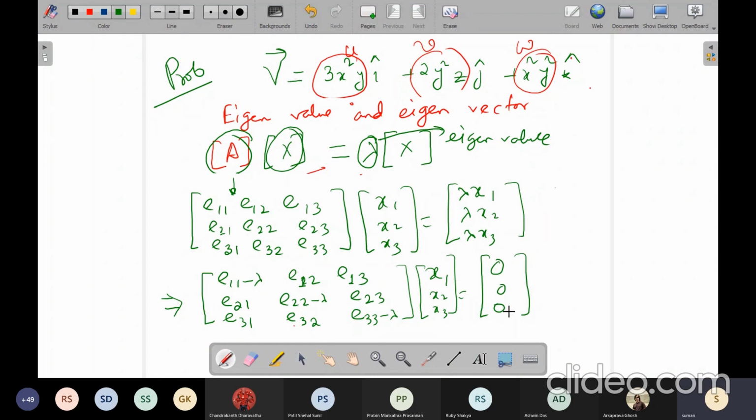So what we have done is simply we have taken everything to the left hand side. We have done nothing more than that.